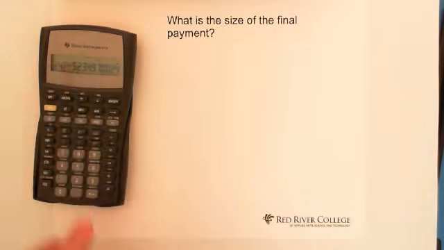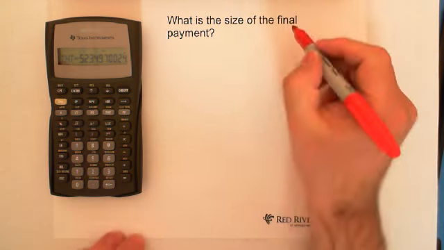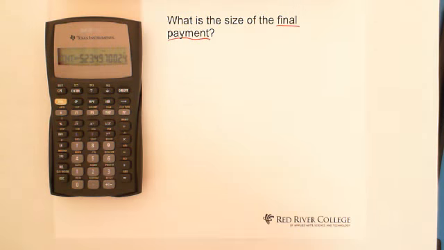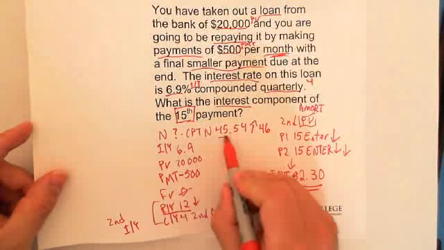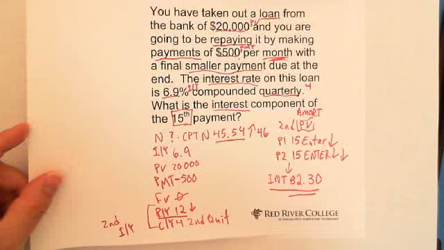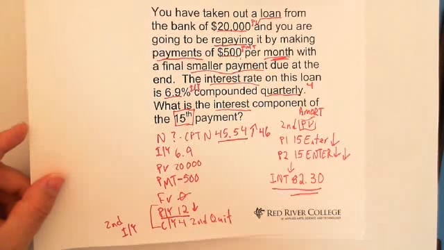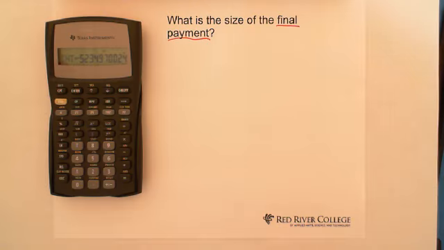Okay, one last thing I have to show you. The last thing we need to look at is calculating the size of the final payment. Now, when we computed the n at the very start of the question, we computed it to be 45.54. So that means we've made 45 full payments and 0.54 of a smaller final payment.